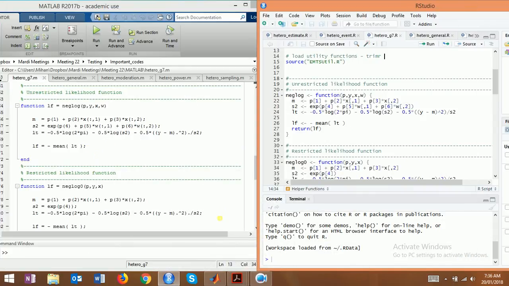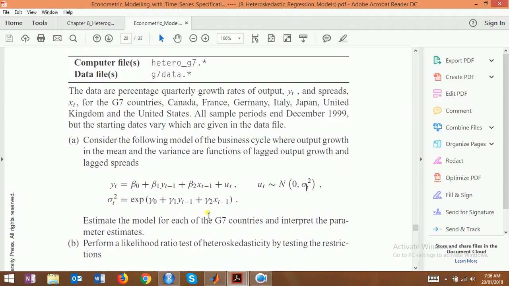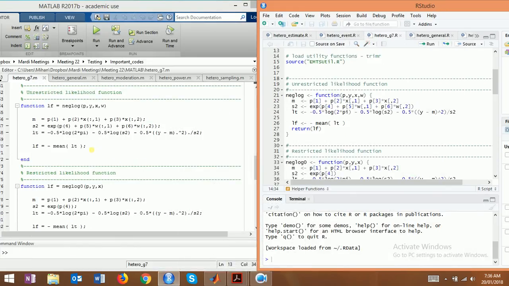Then p4, p1, p2, two lags, p3, p4, y t minus 1, gamma 1, gamma 2. So p2, p1, p2, p3, p4, p5.